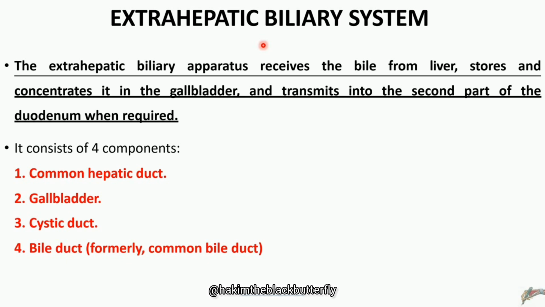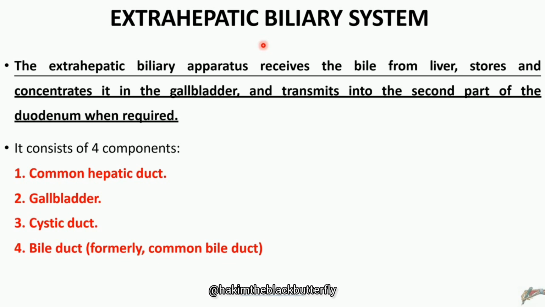They're going to collect bile from the respective physiological lobes, and all those bile ducts make up what we call the intrahepatic biliary system. Those small ducts that collect bile from different lobules later join to form ductules, and then the right and the left hepatic ducts.